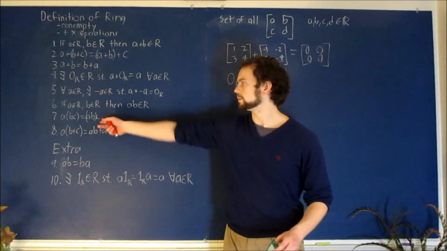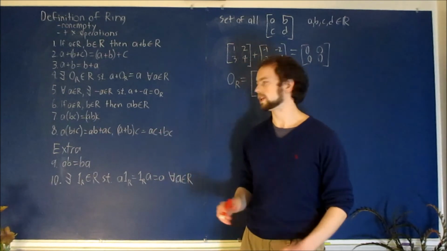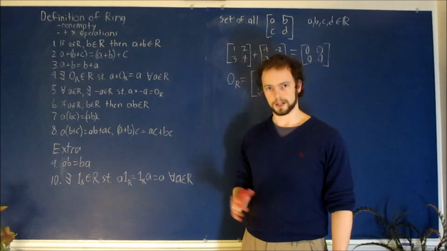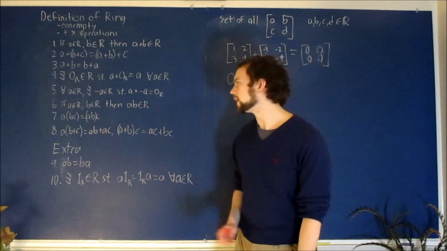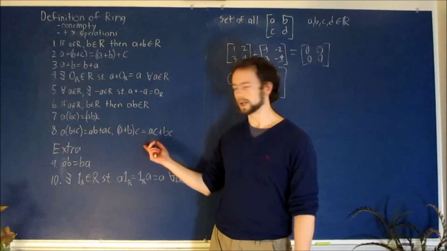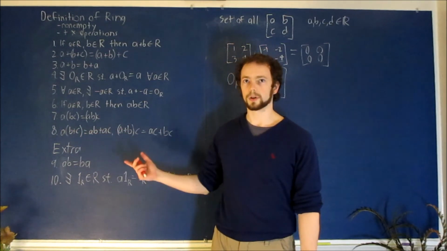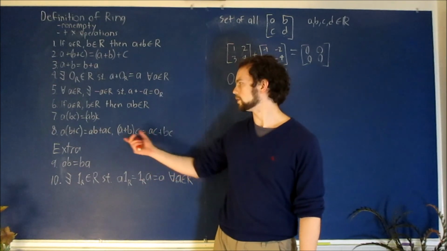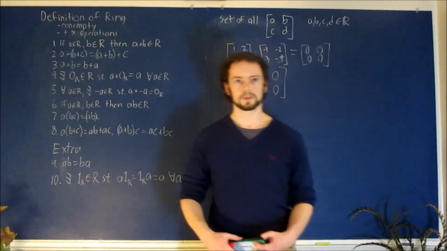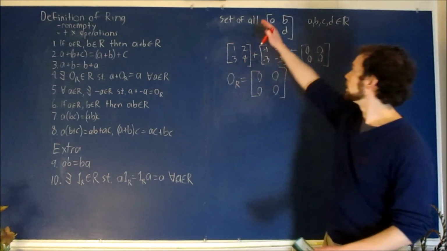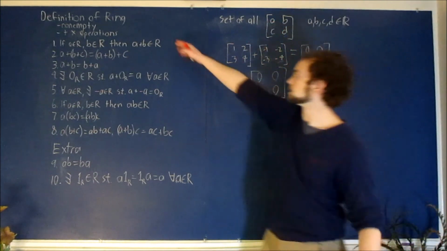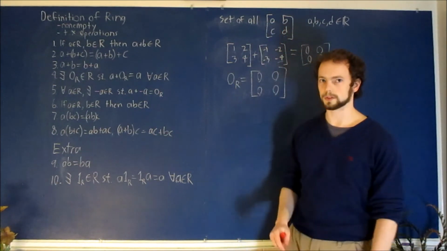I'm not going to go through and prove that right now, but that's something that you probably would have seen in a high school class that dealt with matrices. And matrix multiplication is known to obey these distributive laws. So the matrix operations of addition and multiplication work with this. So this set of matrices does constitute a ring because it satisfies all 8 of these requirements.